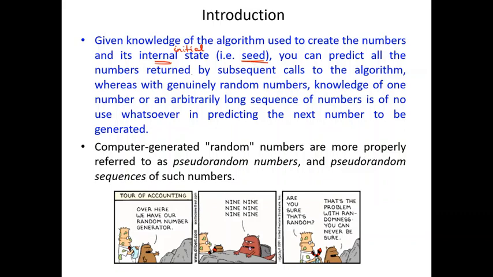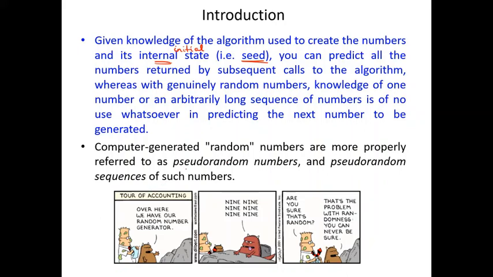That's what we mean. By calling the program subsequently, I'll be able to predict all the remaining numbers. All these numbers are called pseudo random numbers. Computer generated random numbers are properly referred to as pseudo random numbers and pseudo random sequences.